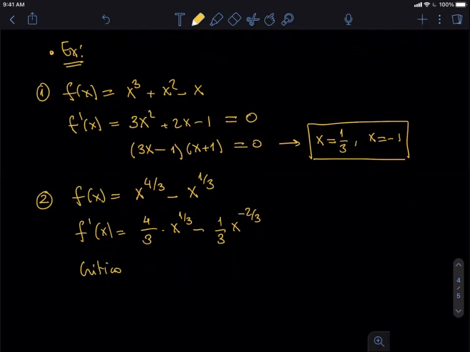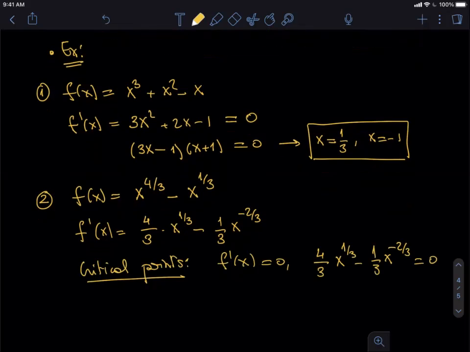To find the critical points, we can make f prime equal 0. That means 4/3 x to the 1/3 minus 1/3 x to the -2/3 equals 0.